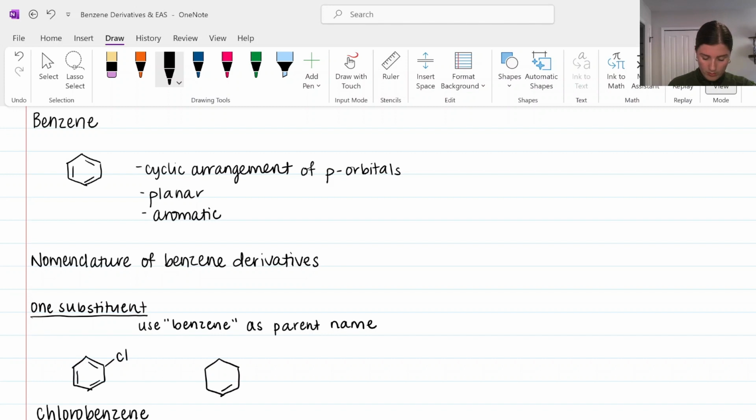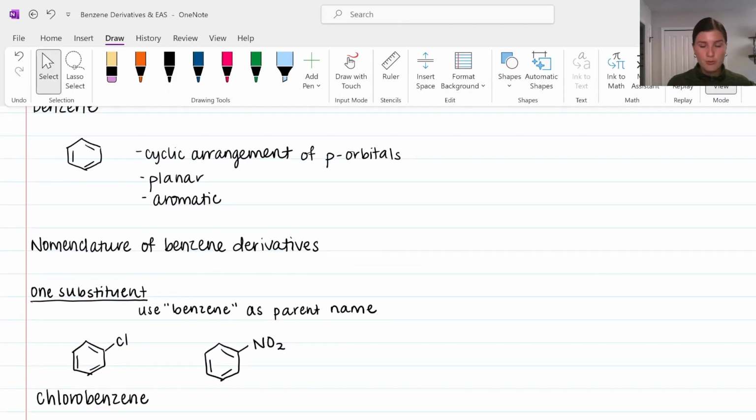Here is another one. This benzene ring has a substituent of NO2. Now this substituent, NO2, is called a nitro group, and that's a good one to commit to memory.